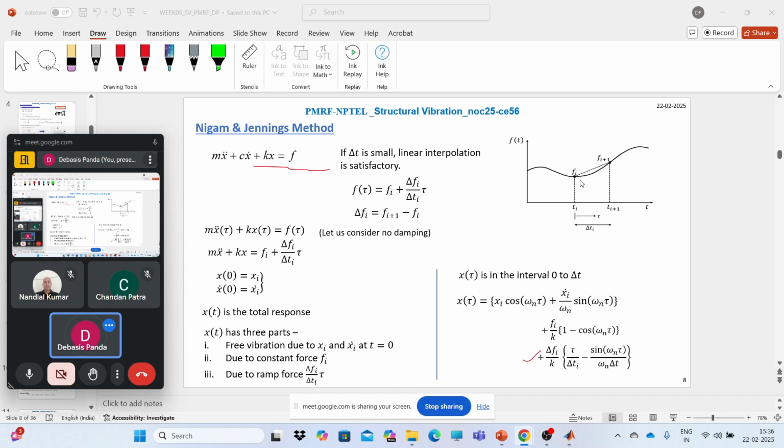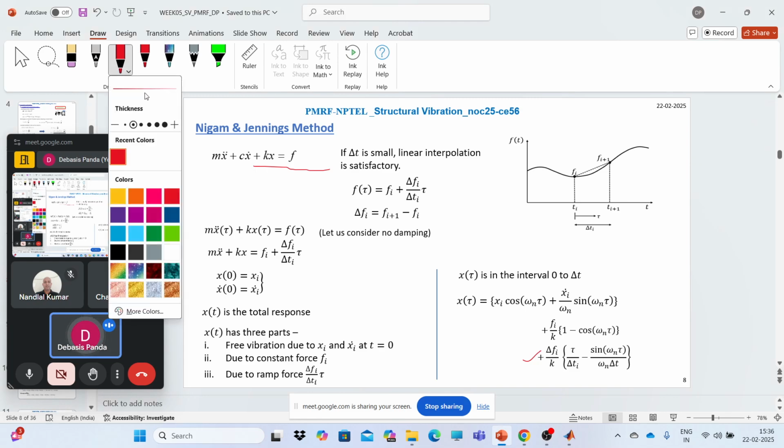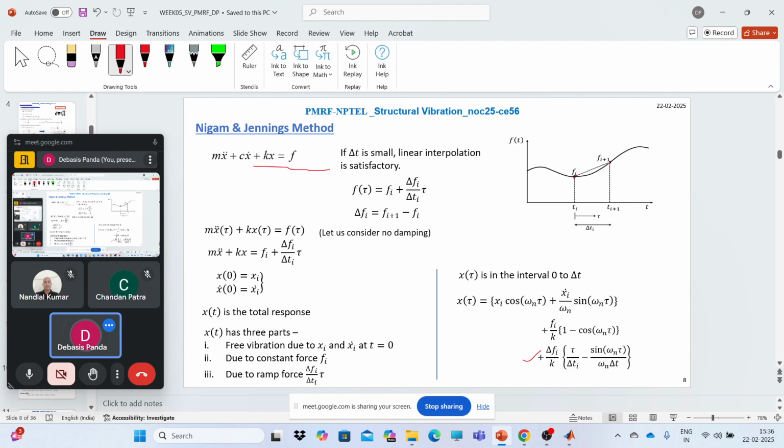The assumption says that if we can use a del t such that linear interpolation is possible, then we can straight away use this method to solve for different kinds of responses. So we have considered two points where linear interpolation can be done. That means my del t should be small enough to get that linear interpolation.